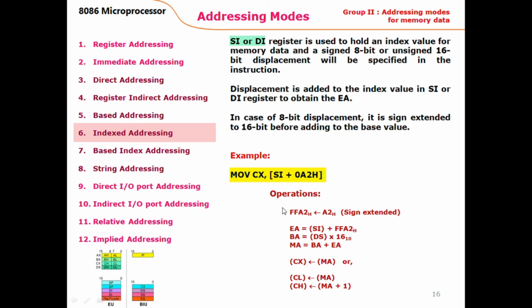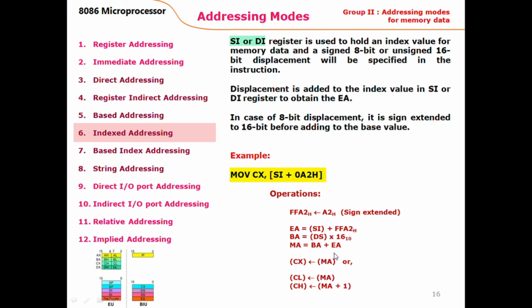Here are the operations. This displacement A2H is sign extended. So the sign is 1 and that 1 is repeated. To keep the sign, we would get this extended version, FFA2. This sign extended displacement is added with the content of the source index, and this addition would give us the 16-bit effective address.